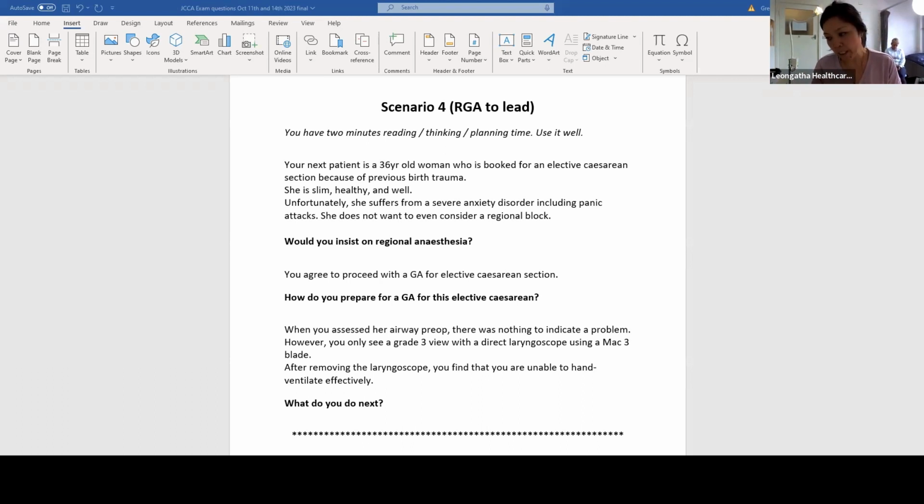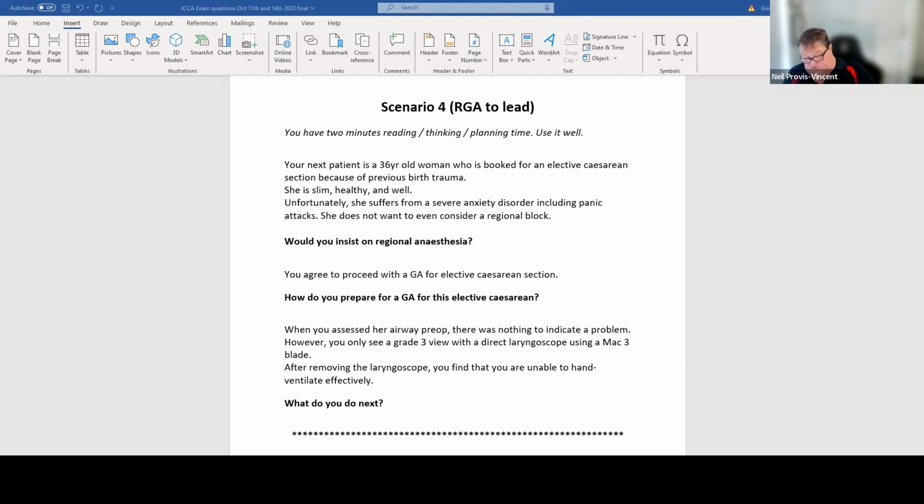Coagulopathy, whether they've been on recent anticoagulation or they've got coagulopathy due to some other reason, like severe preeclampsia. That's good. Despite your empathy and very caring approach, she's insistent on having a GA.